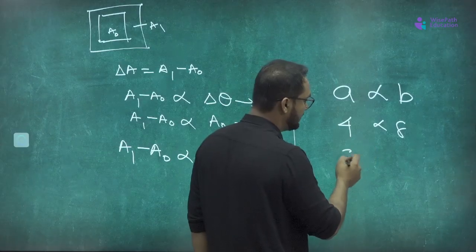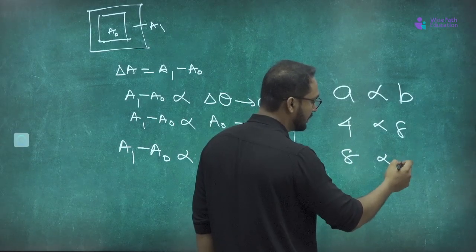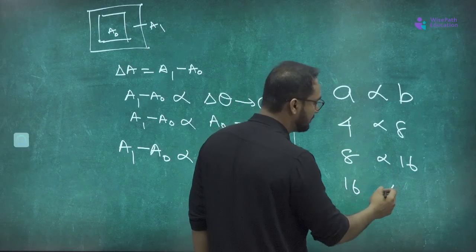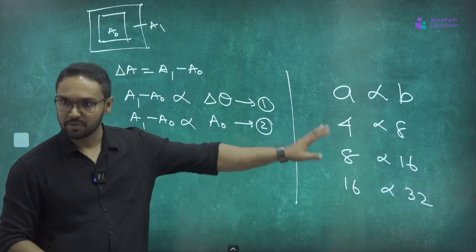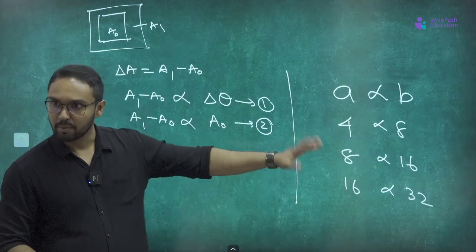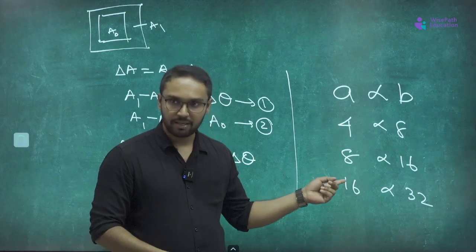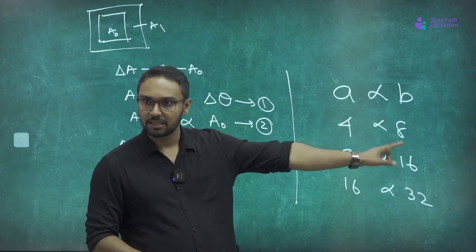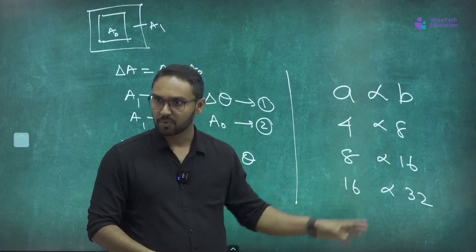When A is 8, B becomes 16. And when A is 16, B becomes 32. Now this is proportional, not equal. That means when A is increasing by a certain amount, B is also increasing proportionally.